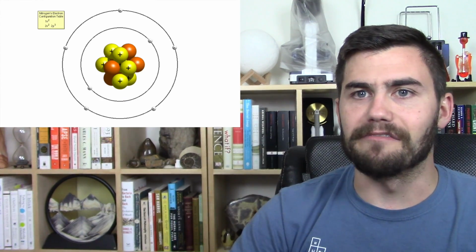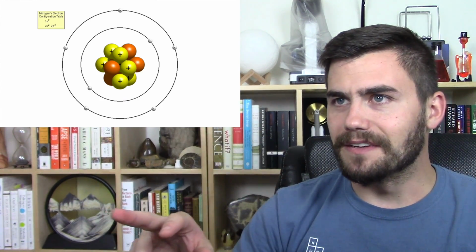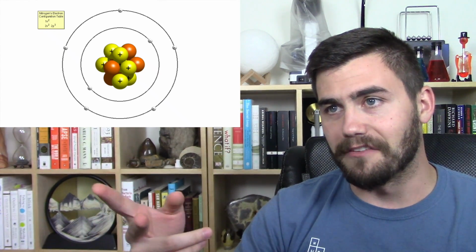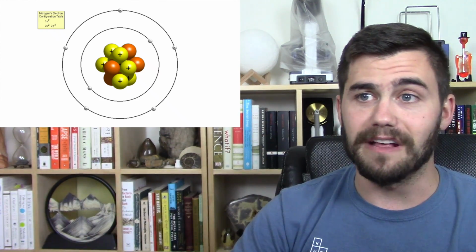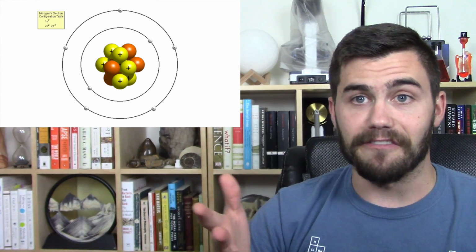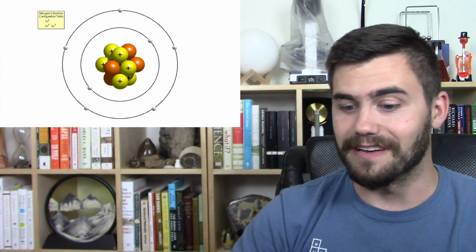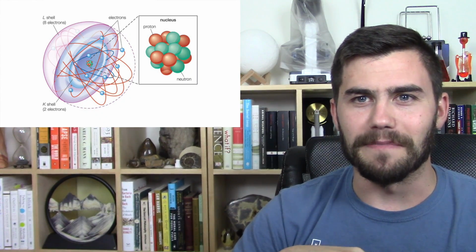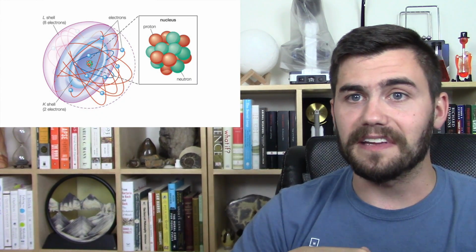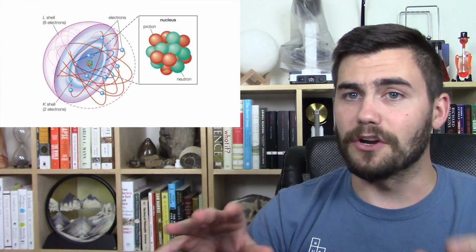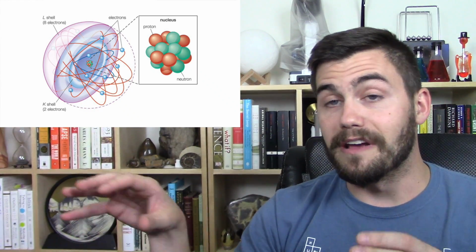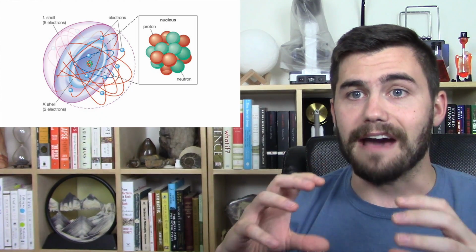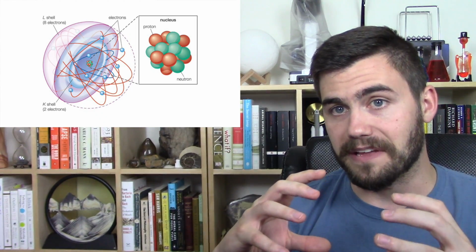And here's the picture again from before, just to show. In this case, this is a nitrogen atom. So the first 2 electrons go in that first energy level, and then the next 5 go in the next energy level. Here's just another way of showing the same thing. So what's important about this, in terms of the development or evolution of our understanding of atoms, is the electrons have to be in very specific places.